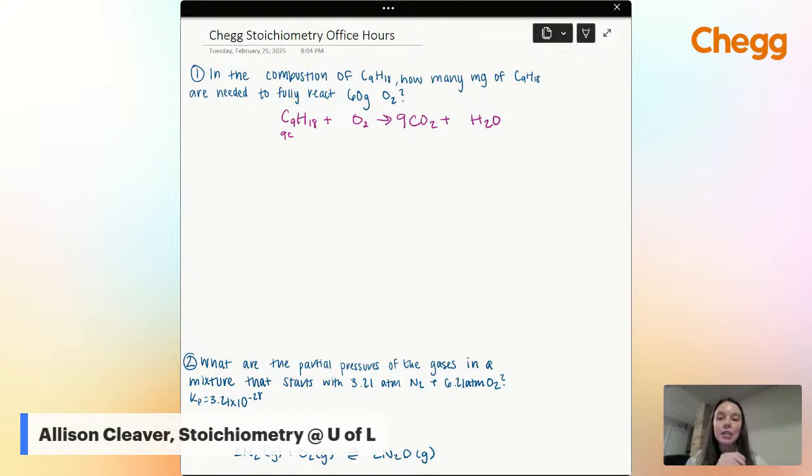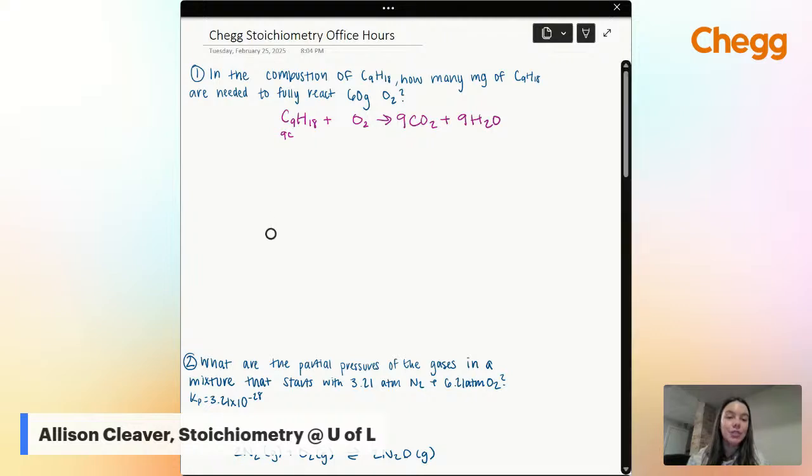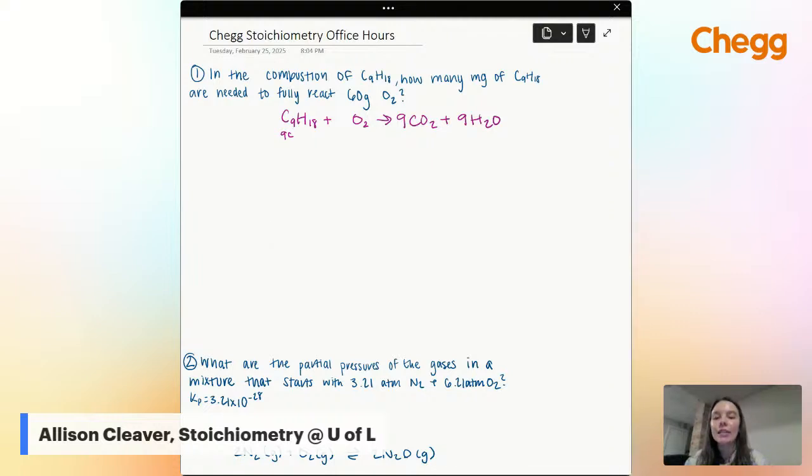Then I'm going to hydrogens, and I have 18 hydrogens. So I'm going to put a coefficient on this water that's going to give me 18 hydrogens. So 9 times 2 is 18 hydrogens. And then last, I'm going to balance my oxygens. So I have 9 times 2, 18 oxygens here, and 9 oxygens here, which is 27 oxygens, which is not a whole number.